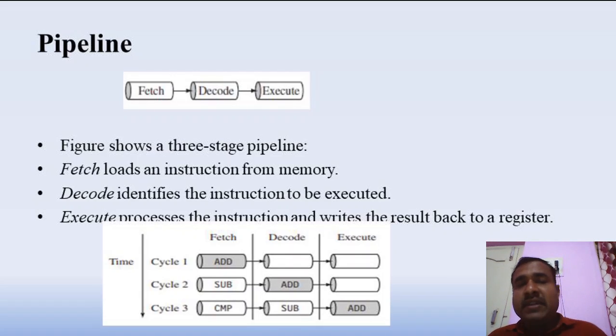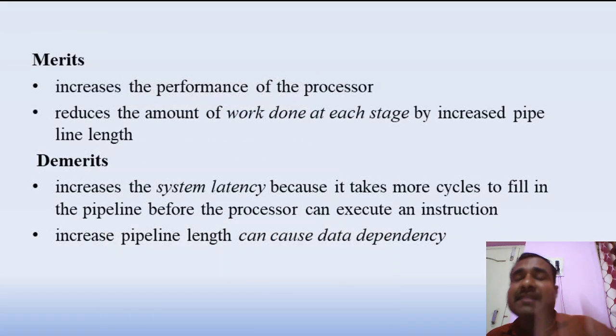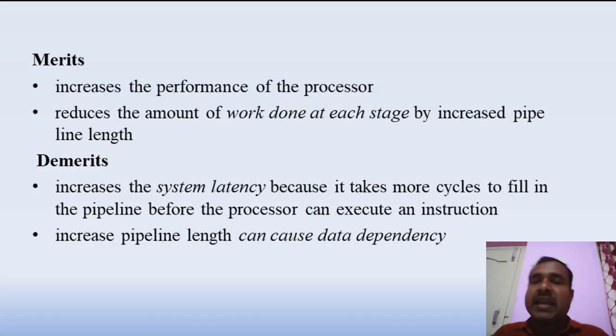If the pipeline length is increased, it takes more cycles to execute a single instruction. That's why it increases the system latency. System latency here means the time from the processor fetching the first instruction to giving the first output, executing the first instruction. We can term that as system latency. So if you increase the length of the pipeline, it increases the system latency.